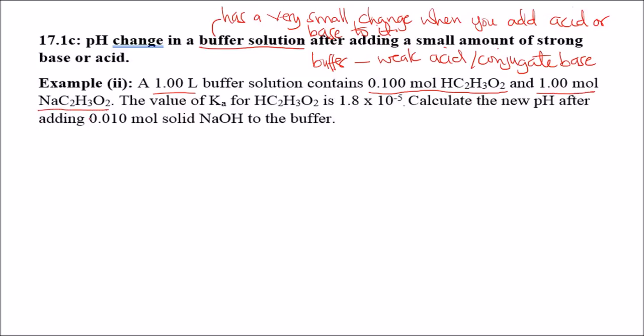Ka for acetic acid is 1.8 times 10 to the power negative 5. So the question is, calculate the new pH after adding 0.01 mole of solid sodium hydroxide.